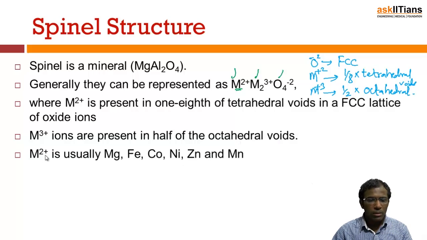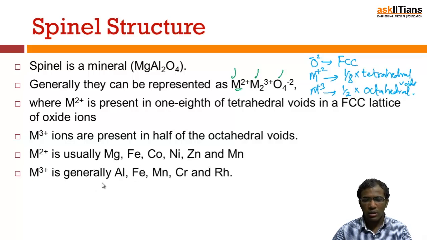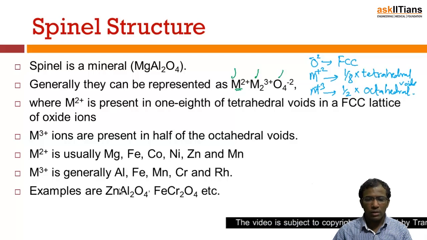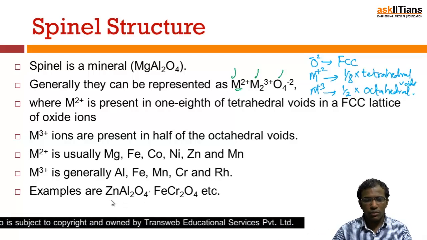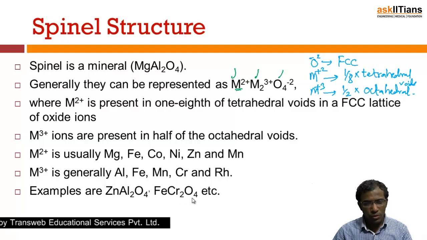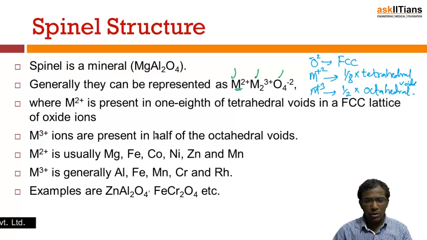Here the bivalent ion is magnesium, iron, cobalt, nickel, etc. And the trivalent ion may be aluminium, iron, manganese, chromium, etc. Examples of the spinel structure are ZnAl2O4 and FeCr2O4. You can get the formula by counting the number of oxide ions.